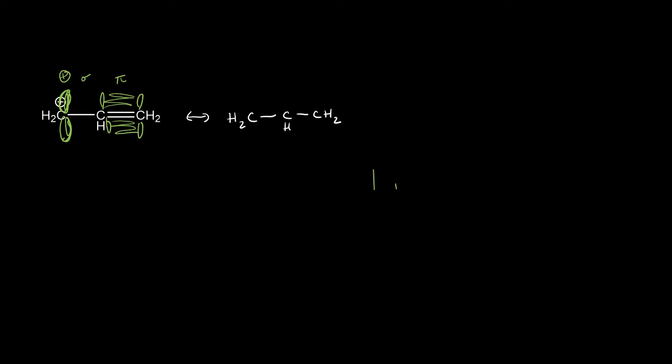But then what we can do is to move our pi electrons here to the other side. Okay, so we could put the pi over there. And then when we do that, that leaves our carbon on the other end with only 3 bonds. Okay, so then that carbon gets the positive.